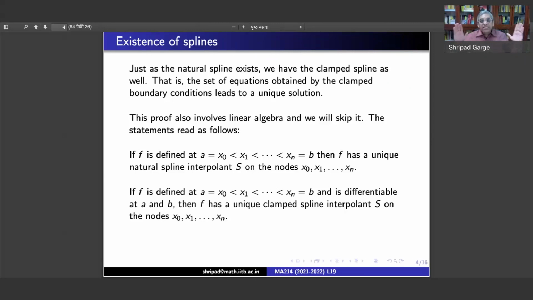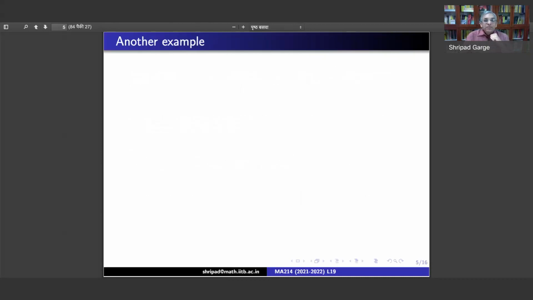So this once and for all gives us the existence of natural cubic spline as well as the clamped cubic spline.